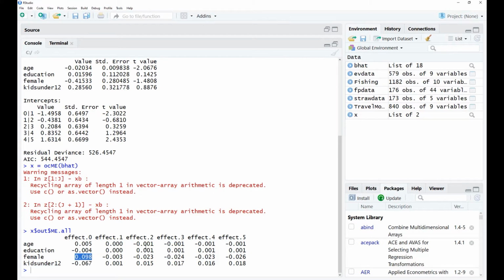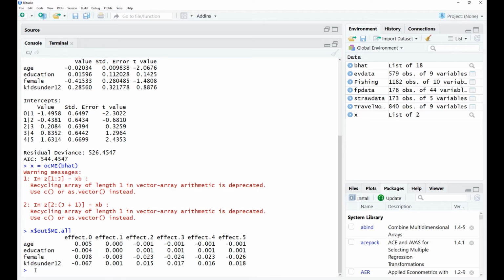The 0.098 is one of those values, and the sum of those 5 values here is going to be negative 0.098. Okay, so the sum of the marginal effects for a particular variable is 0.